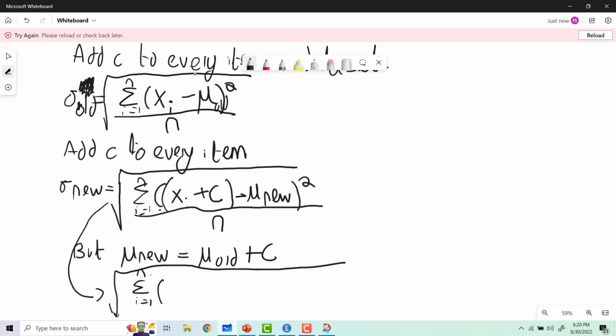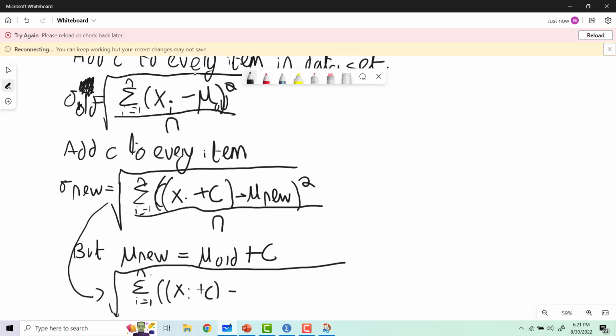So that was not a very nice bracket. That's an outer bracket. xi plus c minus mu old plus c, outer bracket squared all over n.